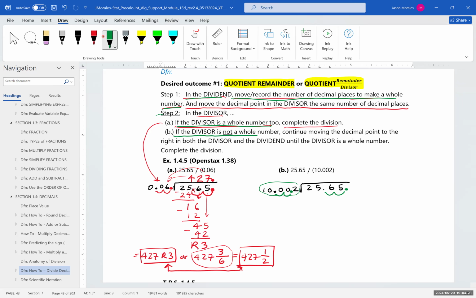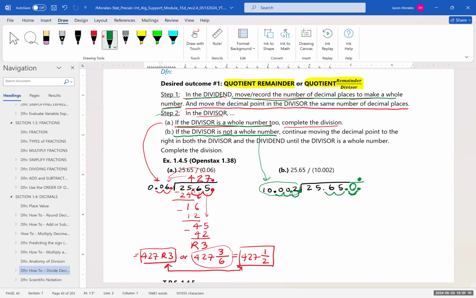If the divisor is not a whole number, that's what we got here, continue moving the decimal point to the right in both the divisor and the dividend until the divisor is a whole number. So to make the divisor a whole number, we have to move it one more time to the right, and we then have to move this decimal one more to the right, like that. And because we've got this gap now, we have to put 0 there as a placeholder, and this is where the decimal point of our quotient is going to be.